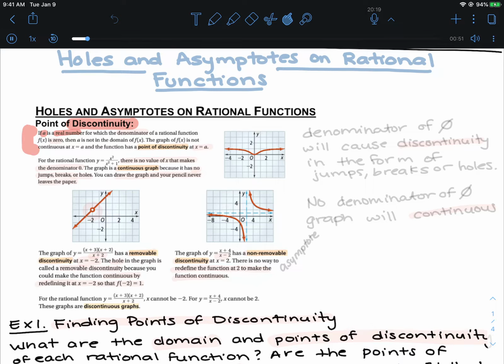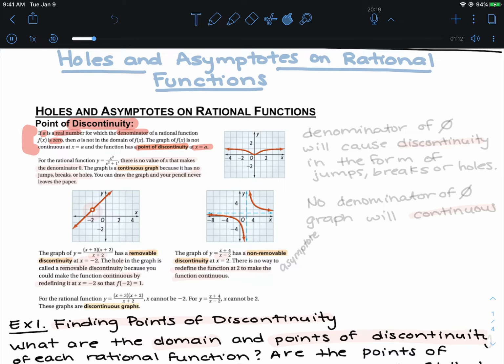Now, here it is telling you that A is going to be 0, and we're talking about A in the denominator. Remember what we said? You cannot have a denominator of 0, right? So if you have a value of A that is a 0, you are going to have a point of discontinuity at x equals A because the denominator cannot equal 0.